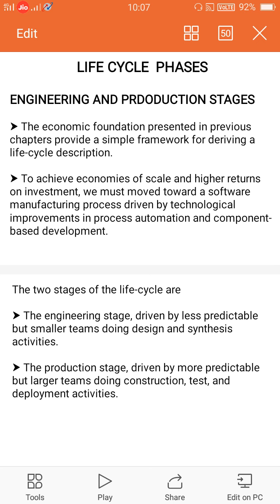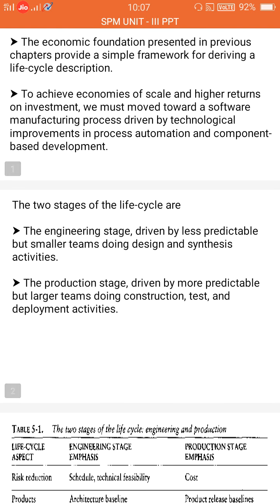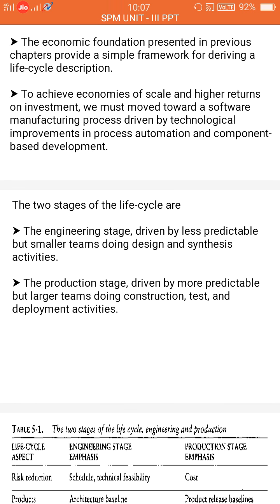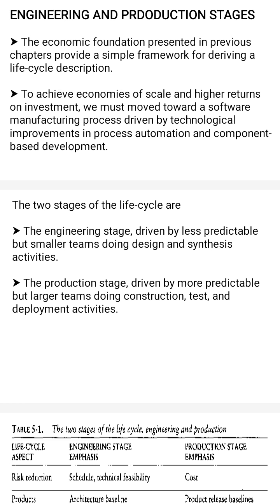Now we discuss what the stages and the different life cycles are. Mainly there are two stages of life cycles: the engineering stage and the production stage. The engineering stage is less predictable, with smaller teams doing design and synthesis activities.